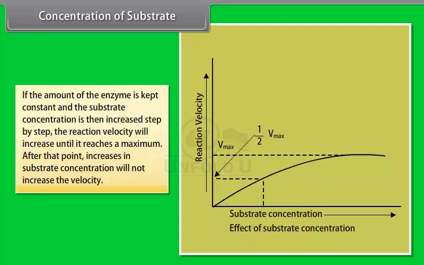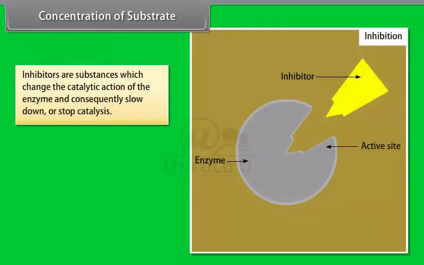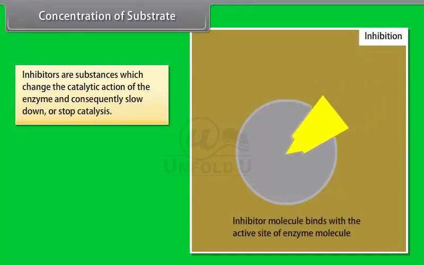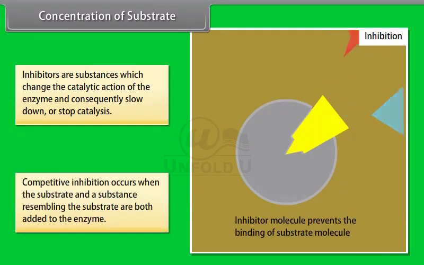After that point, increase in substrate concentration will not increase the velocity. Inhibitors are substances which change the catalytic action of the enzyme and consequently slow down or stop catalysis. Competitive inhibition occurs when the substrate and a substance resembling the substrate are both added to the enzyme.